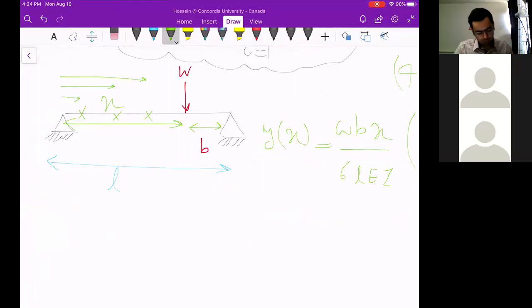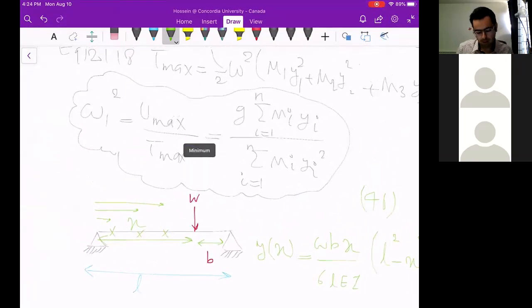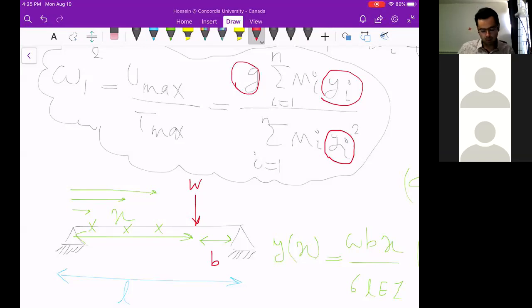So by using this equation, you could find the natural frequency of the system according to this formulation. All you have to do is find Y1 and Y2, because you are given M1 and M2, and you have g, and then you could easily find the fundamental frequency omega 1.